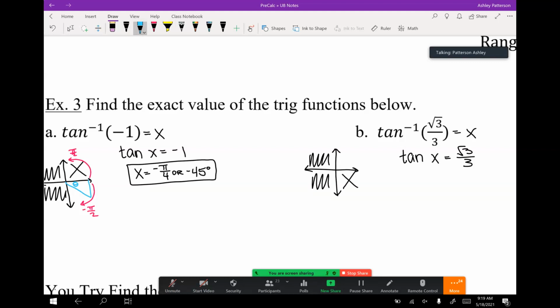We need to be in that first quadrant, which is nice because it's either going to be 30, 45, 60. We don't have to do any addition or subtraction here. So what is that angle measure? 30. Nice job. Yes. So we would say pi over 6 or 30 degrees.